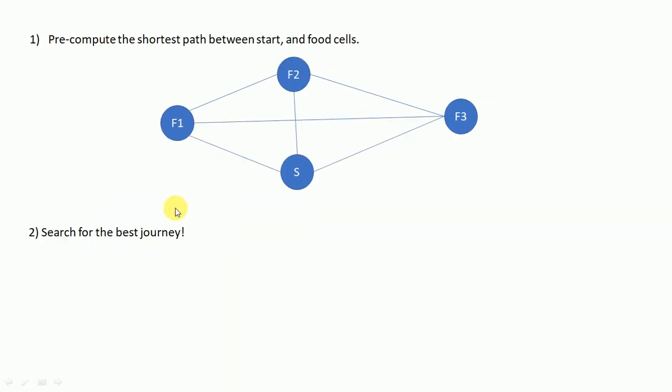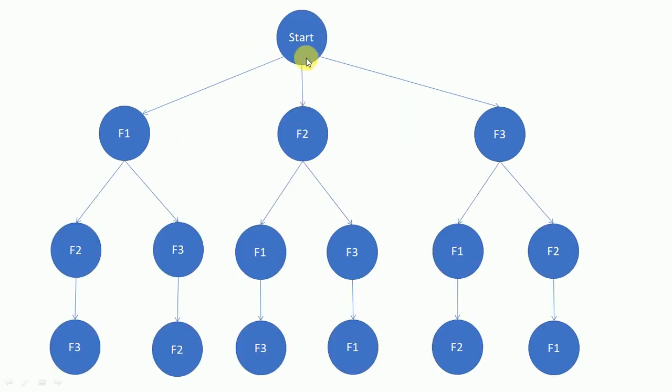And then you can start searching the best trip. So in this case, in the first option, you could either take F1, you could go directly to F2, you could go to F3. If you've taken F1, you could go to F2, or you could go to F3 and then go to F2.